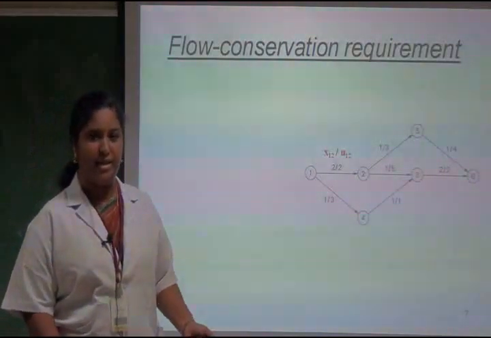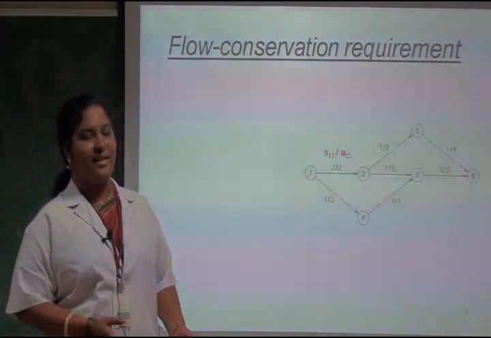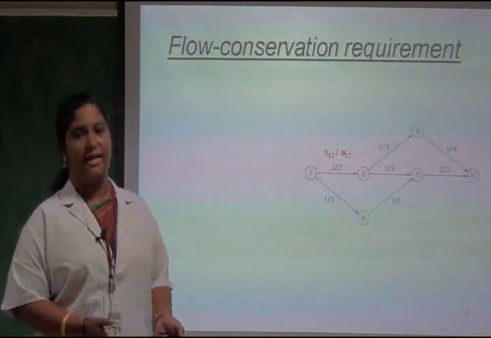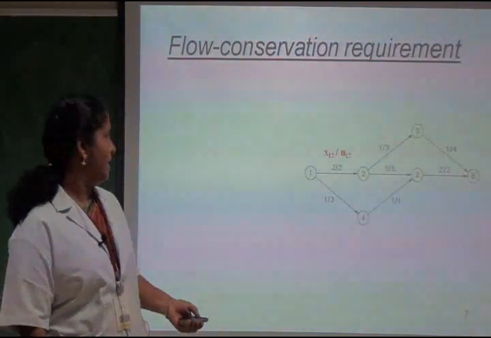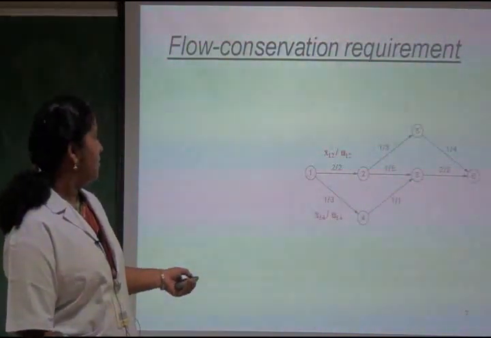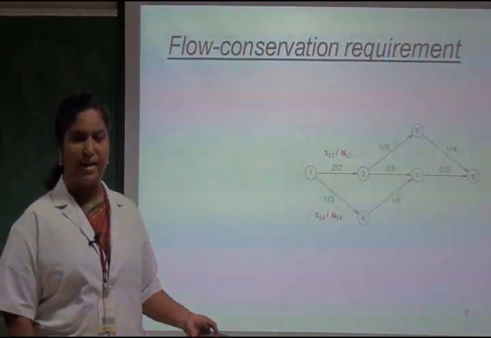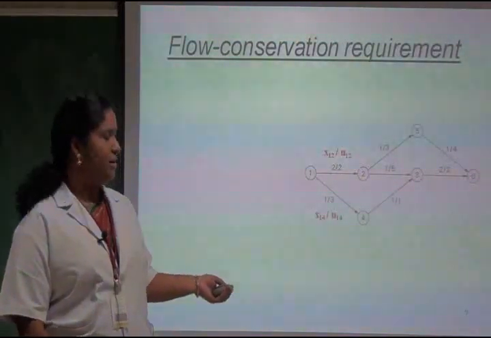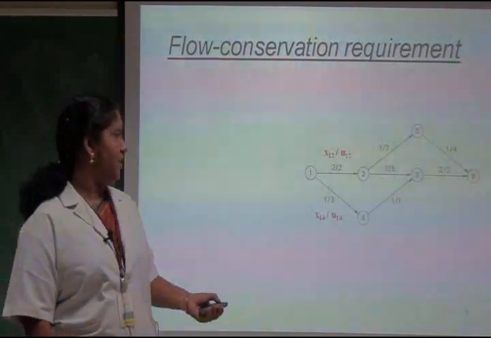Once again I repeat, u represents the upper bound on the amount of material, whereas x represents the flow value, that is the amount of material which is currently sent from one vertex to another vertex. Similarly, if you look at the edge (1, 4), you are having 1 by 3, which means that you can send a maximum of 3 units of material from vertex 1 to vertex 4, whereas currently only 1 unit of material is being sent.